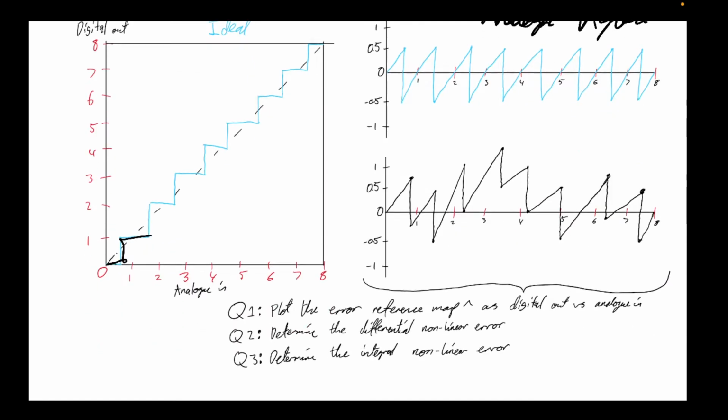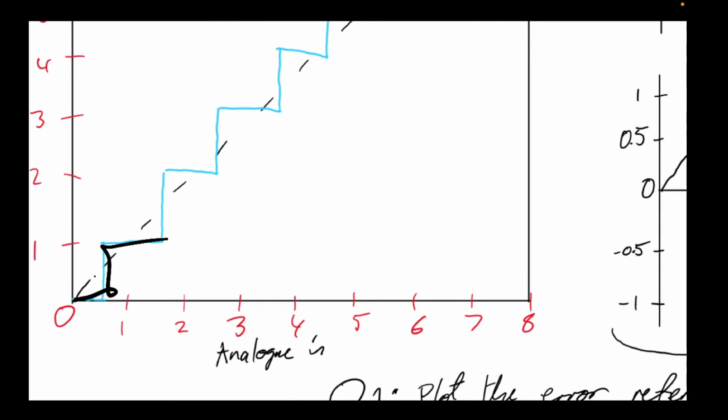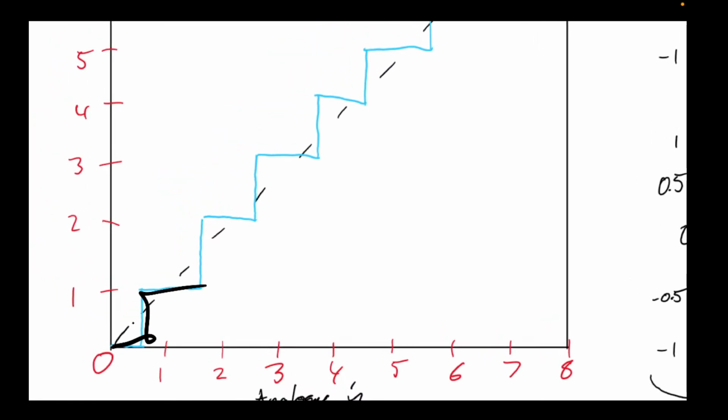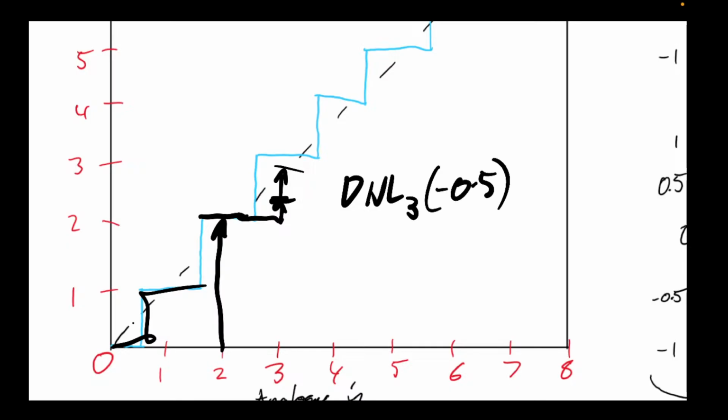So, a differential nonlinear error is when we consider, okay, for analog input of 2, I got 2, but then let's consider what I got for 3. If I instead get for 3 something like this, where it's a half step instead of a full step, then I end up with a differential nonlinear error at step 3 of minus 0.5, okay?